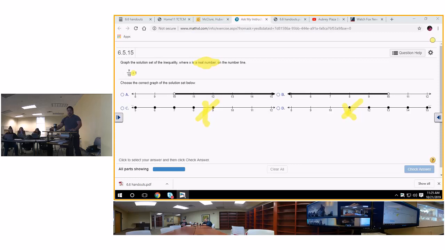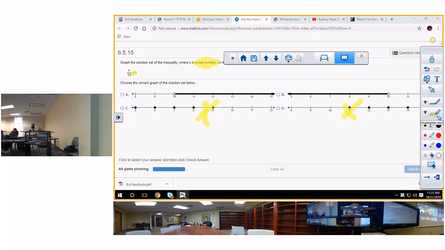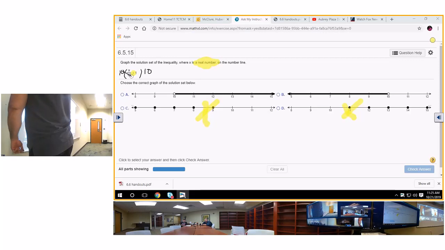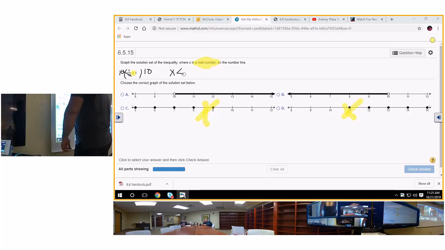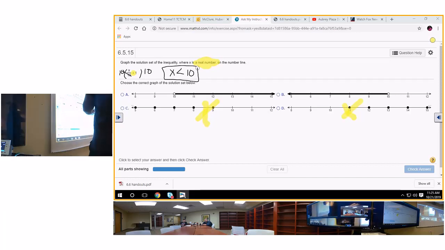So we've got to figure out what the problem says. So we take, multiply both sides by 10. And we get x is less than 10. What numbers are less than 10? To the left or to the right? To the left.